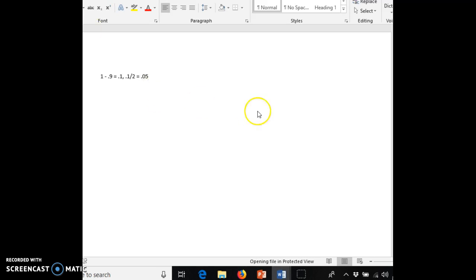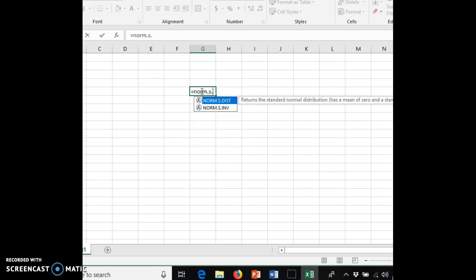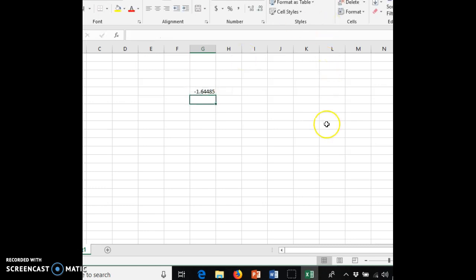And we're going to look up 0.05 in our Excel. So using the command equal norm.s.inv, let's put in 0.05. And that's going to kick back negative 1.645 or negative 1.64485 if we want to use the whole thing.